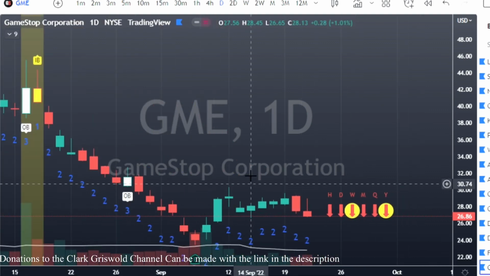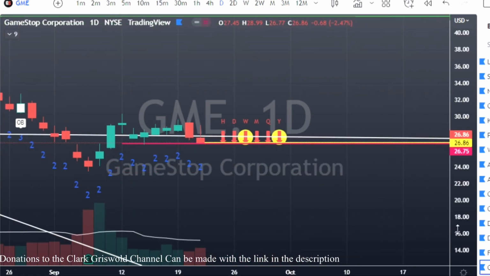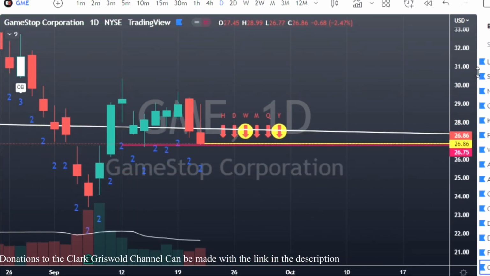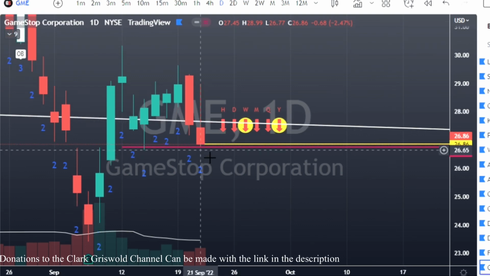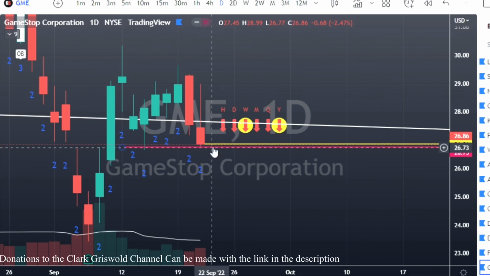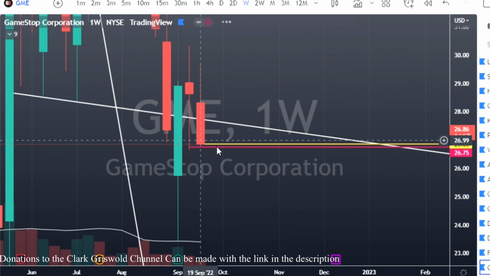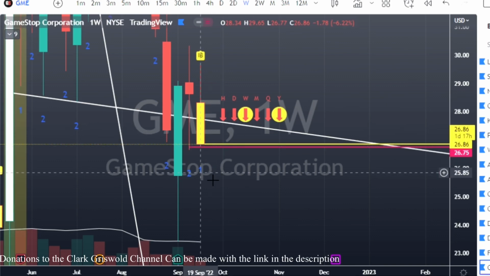Okay, GME. It's another one of those shooter candles or inverse hammers with full time frame continuity. We're going to see if we can have a continuation here, or move into a 2 down on the week, as it's an inside bar. I know that because of this yellow circle on this indicator telling me it's an inside bar. So we go to the week. There's my inside bar on the week, and we are about to trigger.